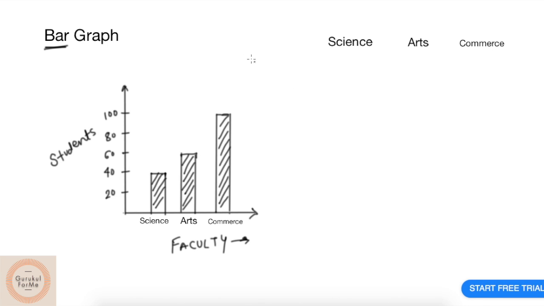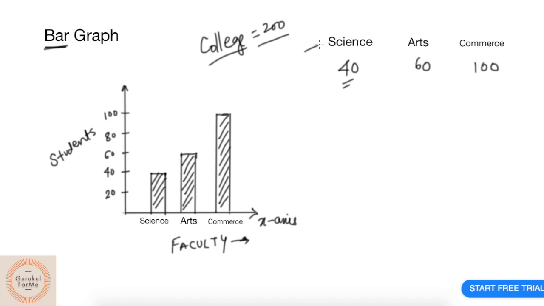What is the context here? In a college there are 200 students. 40 are science students, 60 are art students and 100 are commerce students. If I were to draw a bar graph, I would say the x-axis would consist of the faculty, which is science, arts and commerce, and the y-axis is the number of students, which is 40, 60 and 100.